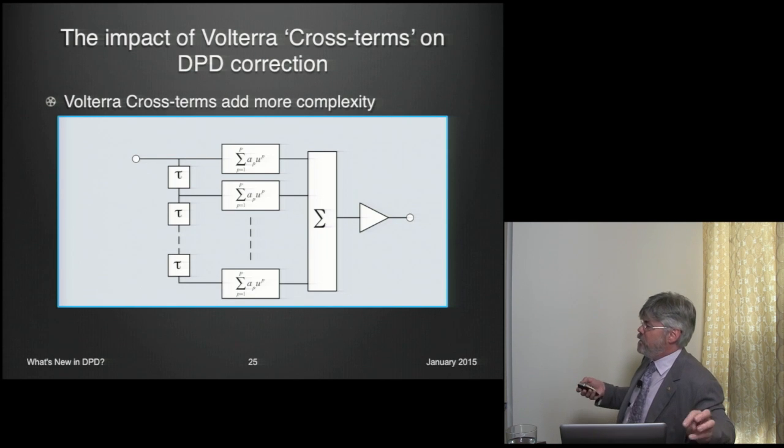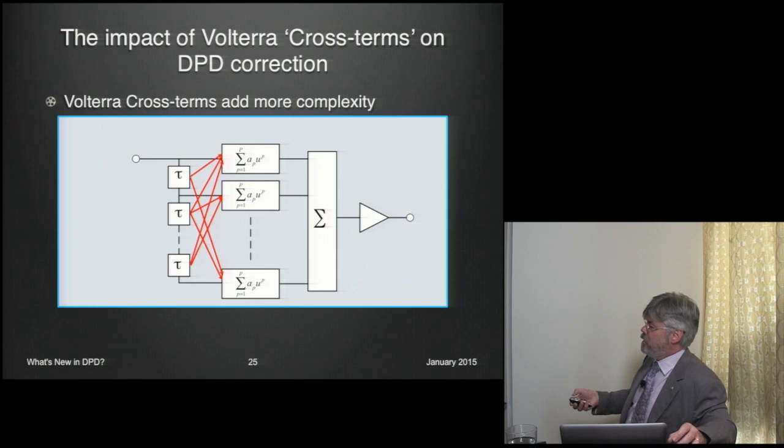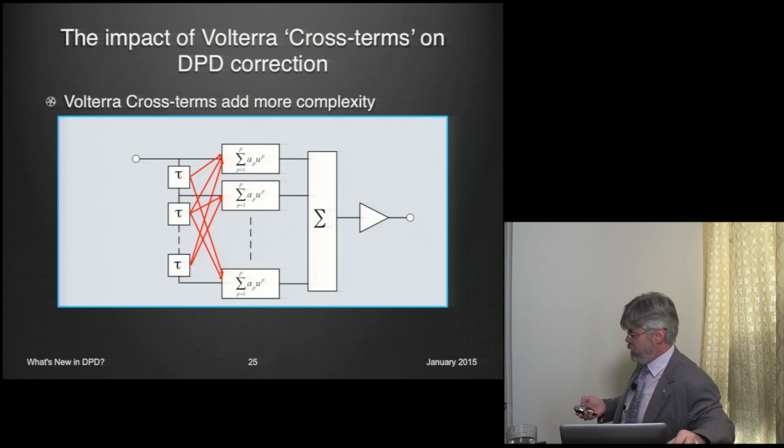What does it mean in terms of practice? Mapping this onto the memory polynomial structure, where you have the polynomials and their delays, you're now getting cross products between all these, and that's where you can see the number of terms increases dramatically.